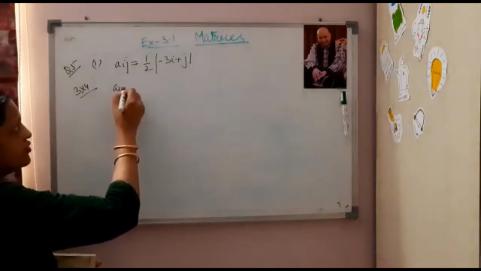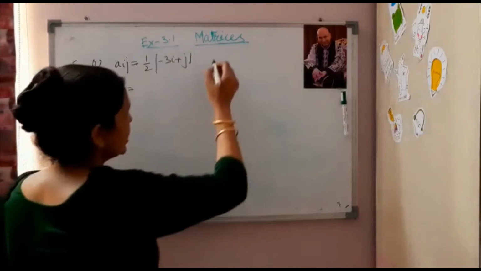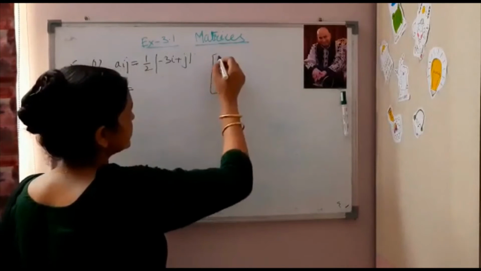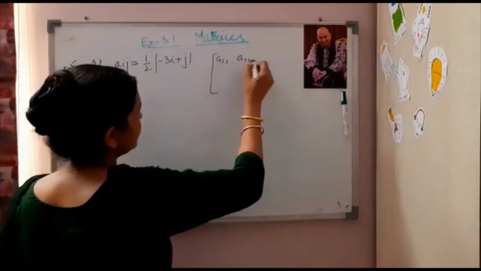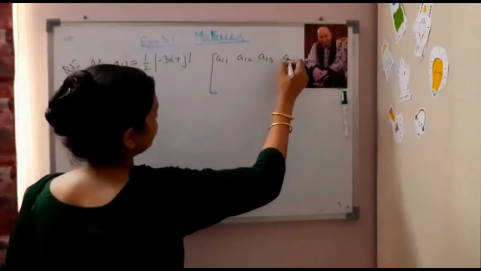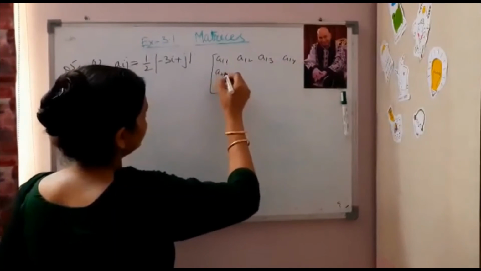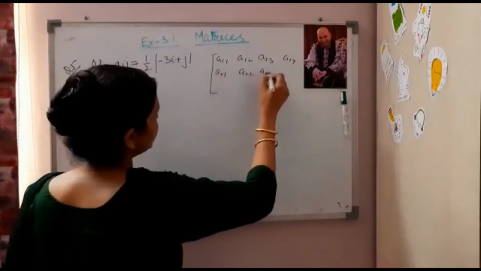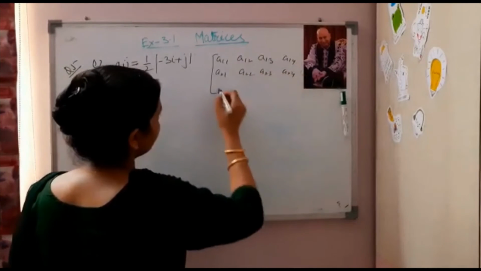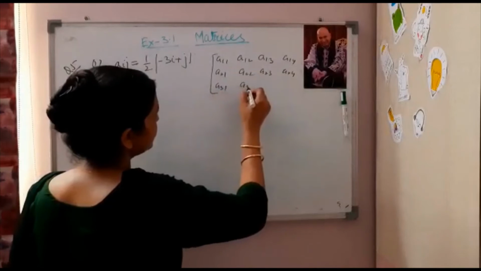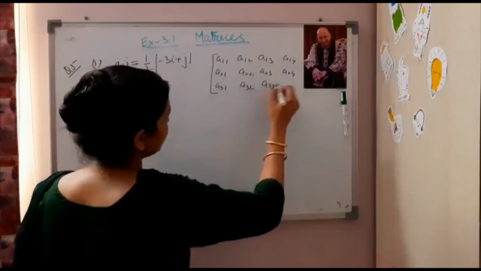First A11, first element. Now the elements कौन से हैं, मैं मैट्रिक्स लिख देती हूँ. A11, A12, A13, A14, A21, A22, A23, A24, then A31, A32, A33, A34.